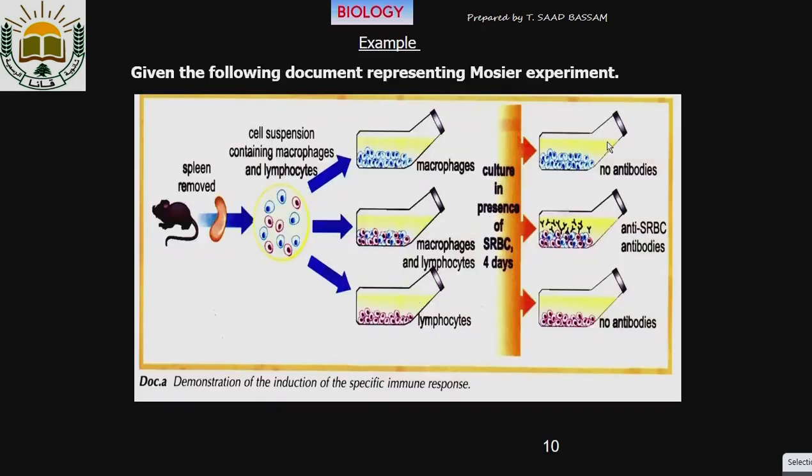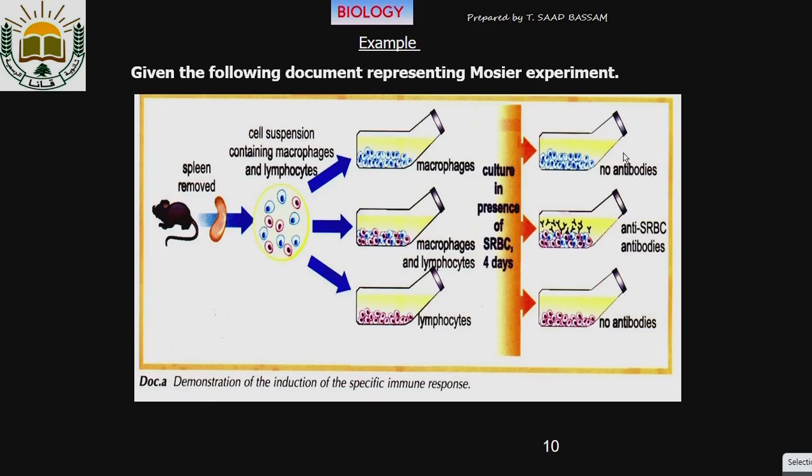So look at the same document. We will look first at the result and what we did. This result is a result of what we put together before. In the first container, we put macrophages and SRBC. We do not obtain antibodies.